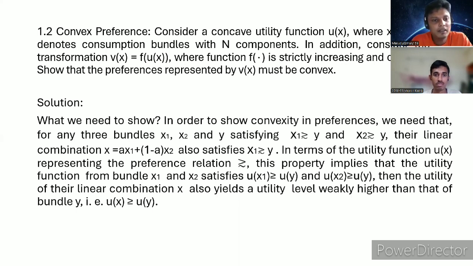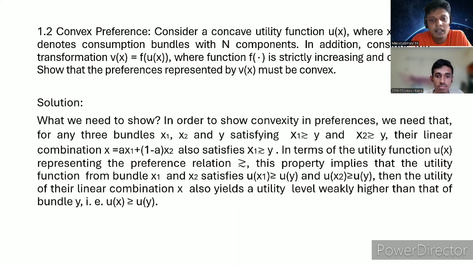That is our problem. In the solution, first of all, a question arises in our mind: what do we need to show? In order to show convexity in preference, we need any three bundles x1, x2, and y that satisfy x1 weakly preferred to y, x2 weakly preferred to y, and their linear combination x equals alpha x1 plus 1 minus alpha x2.